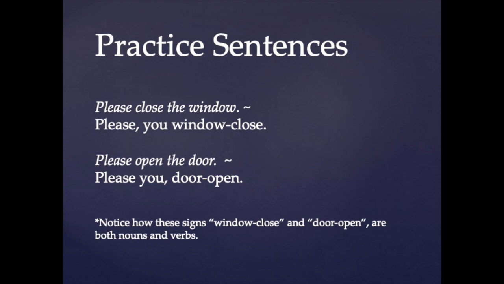The man, he sits. The woman, she stands. In the following examples, notice how the signs for door and window are modified to include the verb concept. Please, you, open the door. Please, you, shut the window.